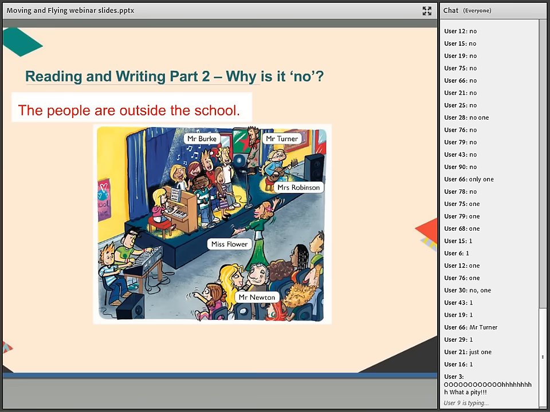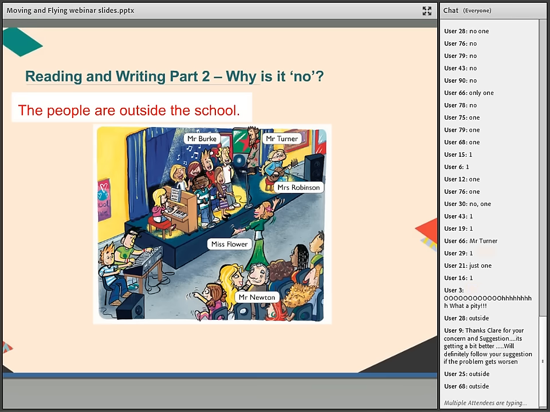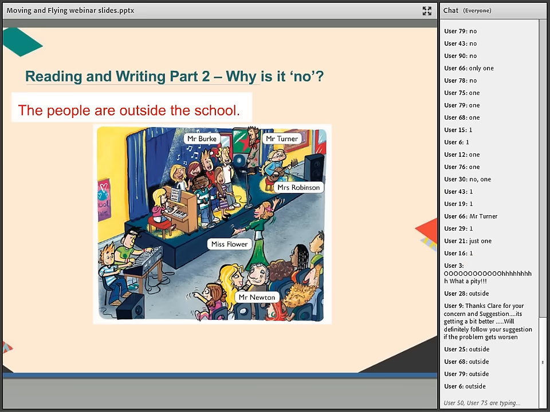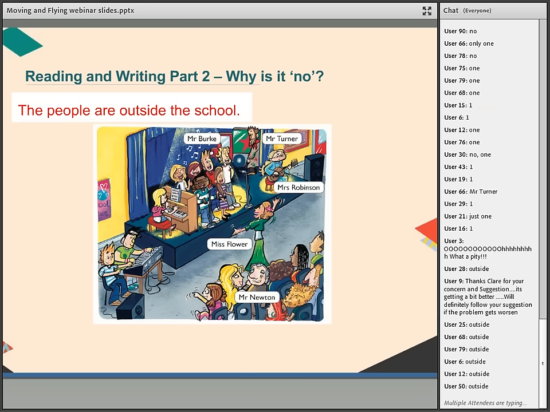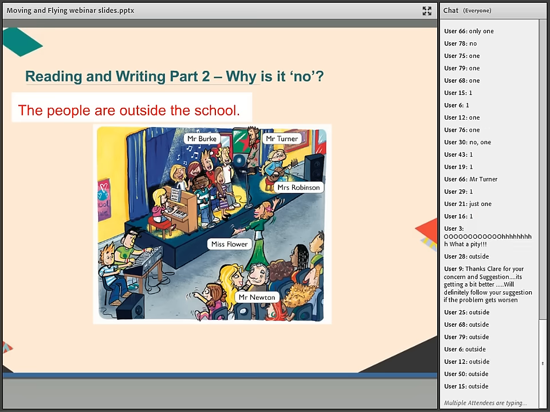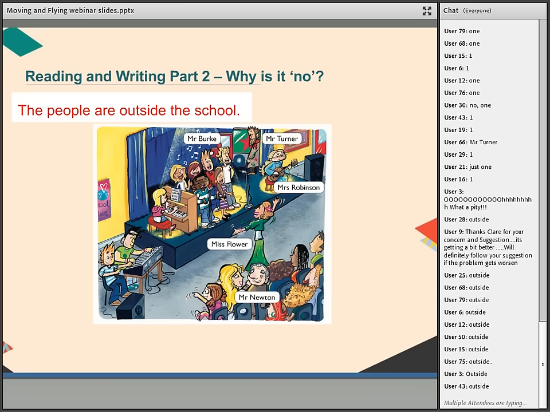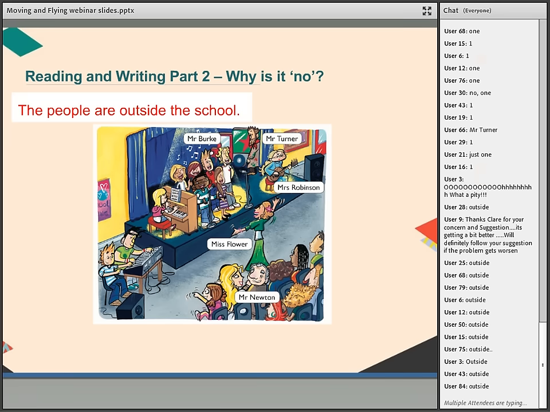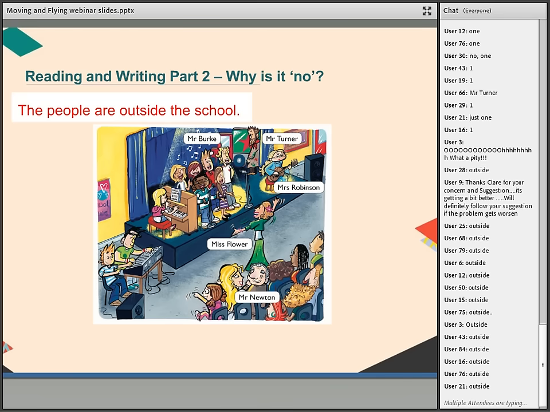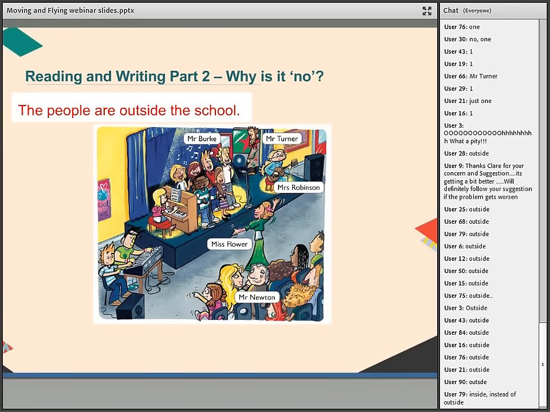Which word in the sentence makes it a no sentence? Yes, the word outside makes the sentence a no sentence because it should be inside school.